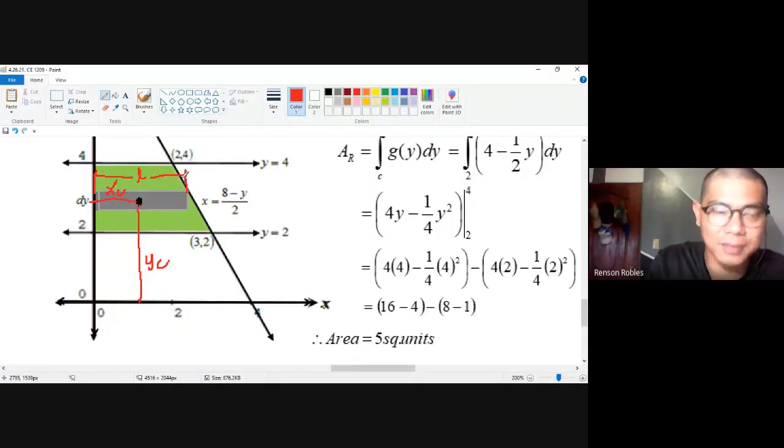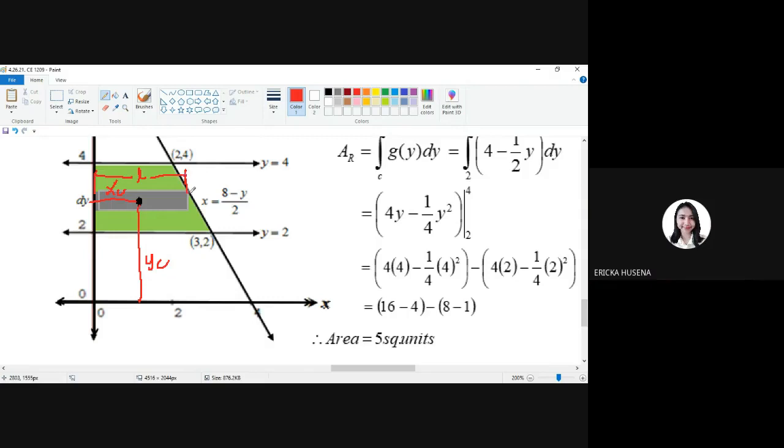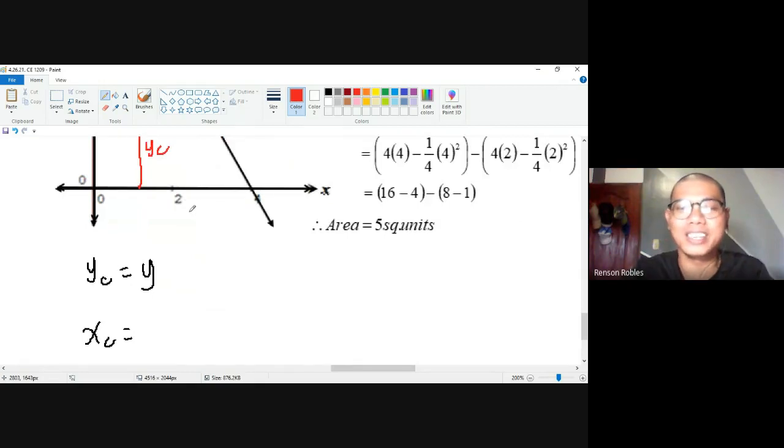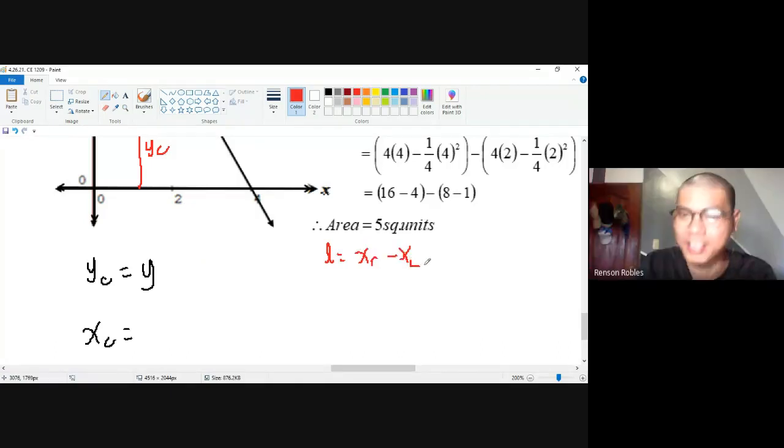I'll just write it L. Nakahiga. 8 times y po. Okay. So ano nga yung component na yun kapag nakahiga? X po. Yan. Papasok na ulit si x right minus x left.